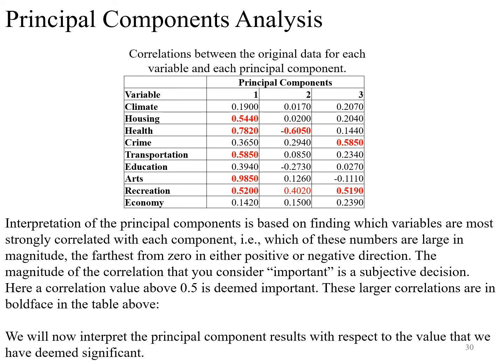For that first principal component, the most important variable for calculating principal components is actually arts. The number of opportunities for interacting with the arts is associated with that first principal component, and then the second largest magnitude is associated with health.